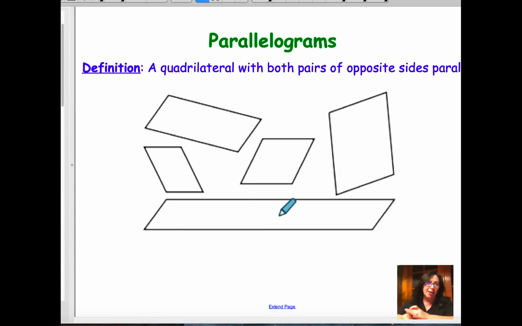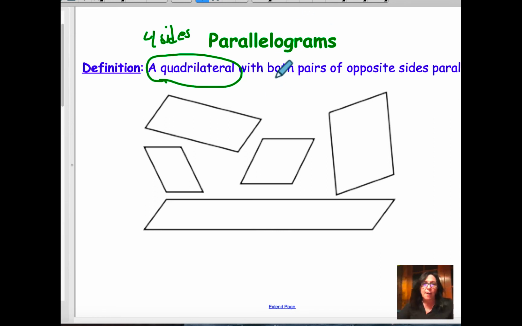All right, so a parallelogram is a quadrilateral. That means it has four sides, right? That's all it means. And if it has four sides, some of the things you need to know is, number one, both pairs of opposite sides are parallel, which means that they never touch, right? They have the same slope. So this line here is parallel with that line, and this line is parallel with that line.